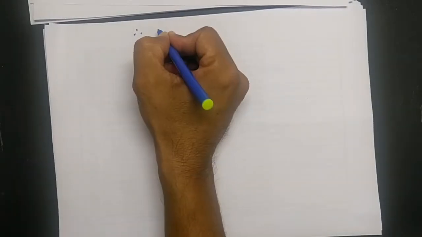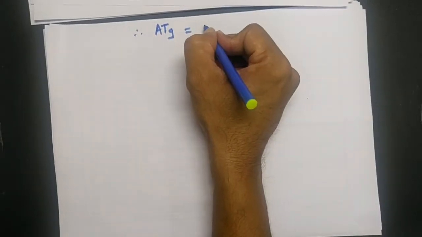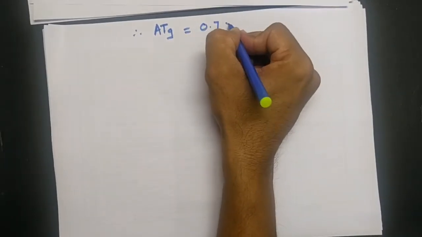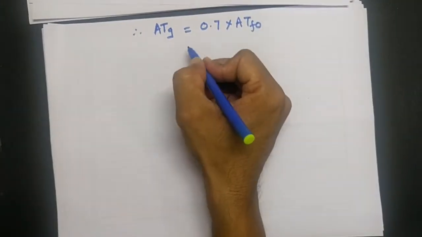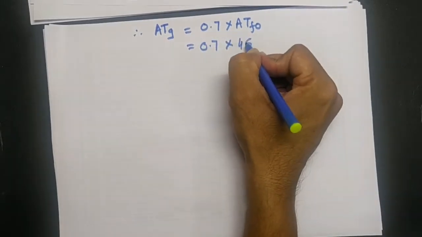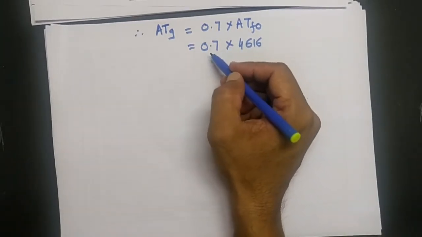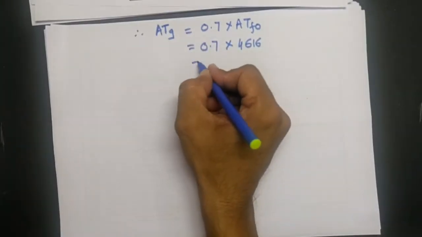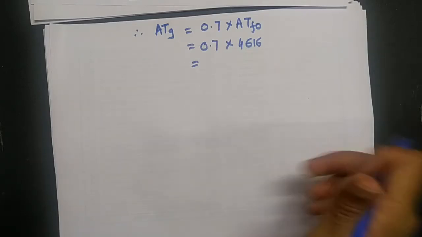So, therefore, the ampere turns for the gap can be assumed to be 0.7 times AT_fo. So 0.7 multiplied by 4616, or close to any value we can assume. 0.7 multiplied by 4616 comes to 3231.